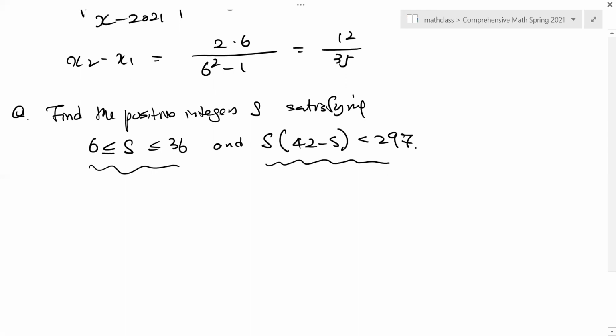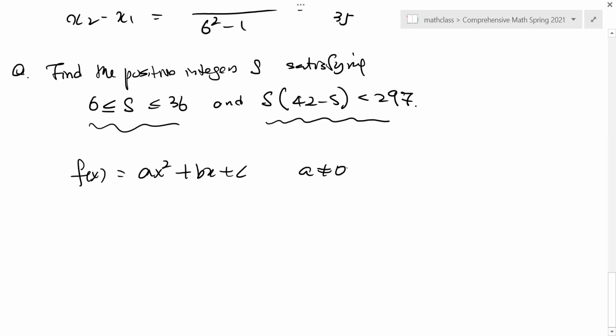Let's think about the general function. f of x equals ax squared plus bx plus c, a quadratic function, where a is not 0. Now if we draw the graph, the first case is if a is negative.